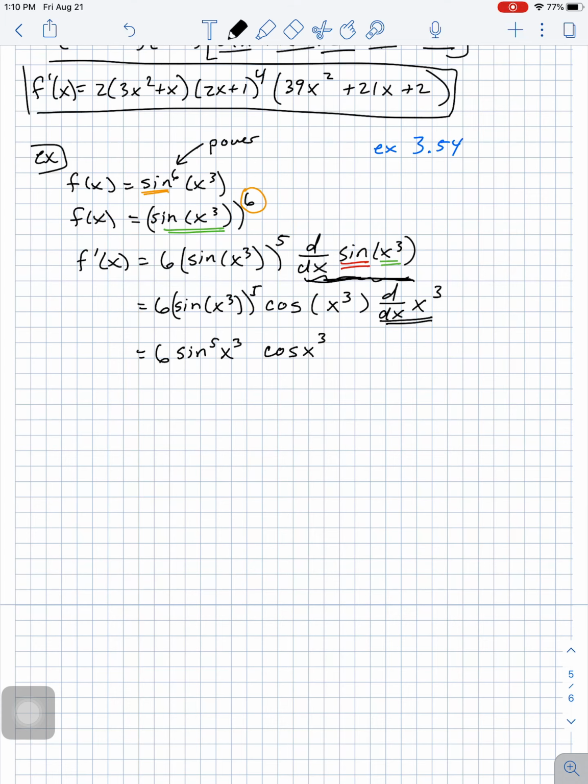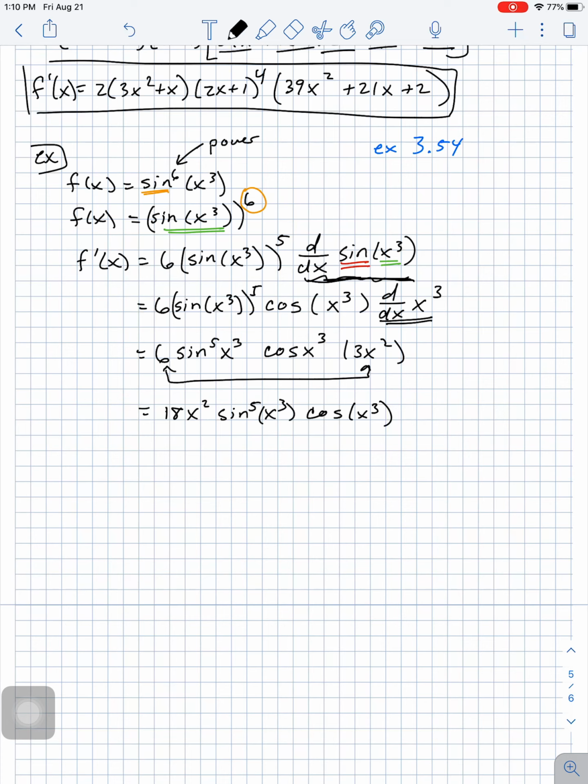And the derivative of x cubed is 3x squared. So I'm going to bring that up front so I don't get it confused with my angles. And that's my derivative.